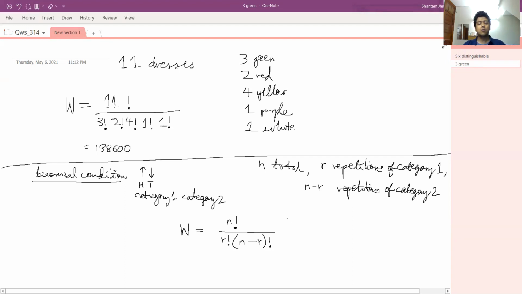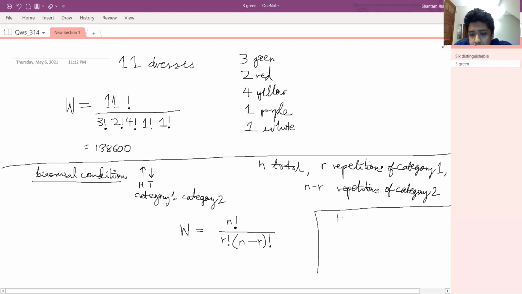This is how I would represent the W, the total number of ways of arranging n stuff with r repetitions in a binomial condition. And this is so special that we're going to specify a different representation of writing this down. This W in the binomial category, where there's n total and r repetitions and n minus r repetitions are the other category, is going to get its own representation. But before that, let's do a quick example here.